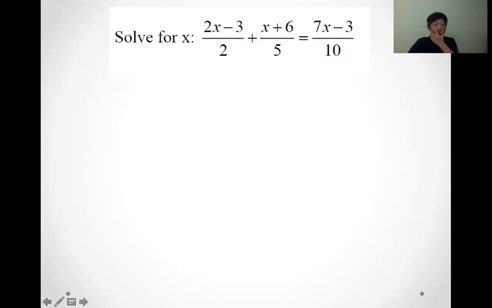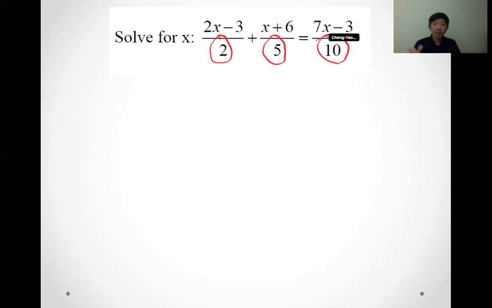I want to solve for x, with a problem something like this, right? So the first thing I noticed here is the denominator is 2, the denominator is 5, the denominator is 10, all right?